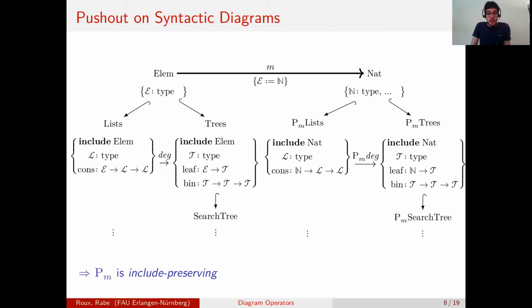And notably, the translation of search tree makes use of the translation of trees. So we don't flatten inclusions, but what we intended to do is recurse for inclusions. So if an inclusion occurs, it should recurse into translation to be include preserving.